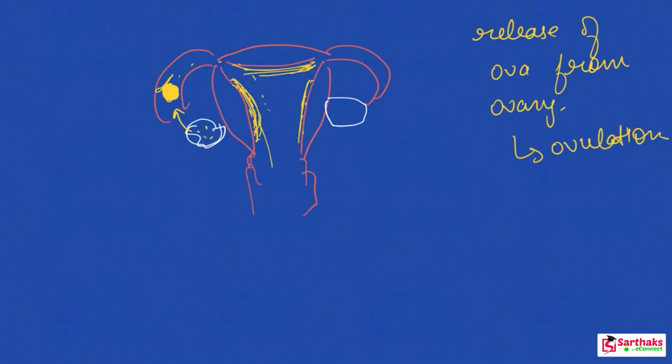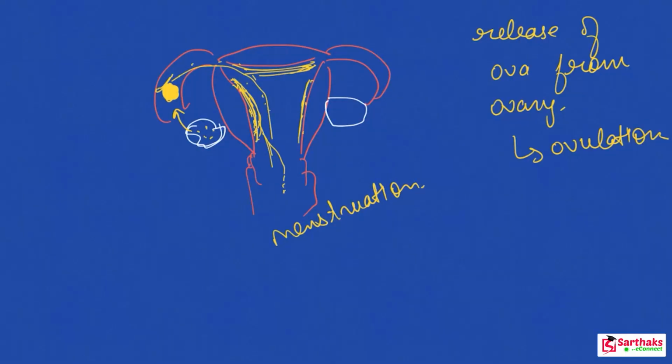But if within this one day the sperm does not come, then the ova will die, and it comes out from the vagina, not only this dead ova, but also the blood vessels. So the thick and soft inner lining of the uterus along with the blood vessels and the dead ovum comes out of the vagina in the form of bleeding, and this is known as menstruation.